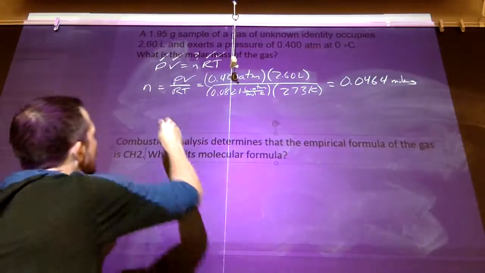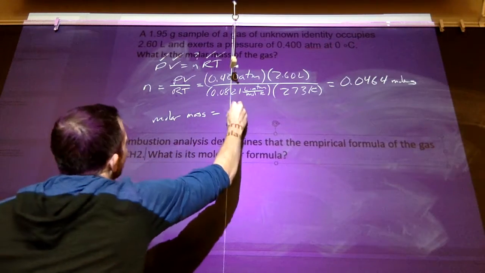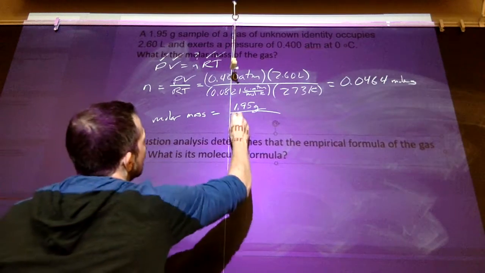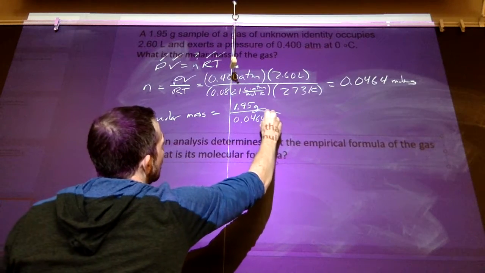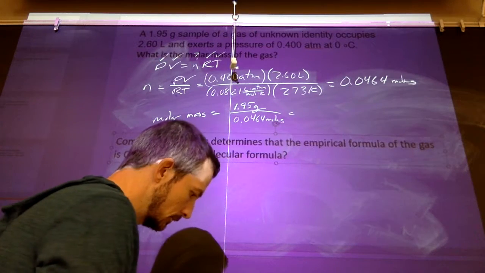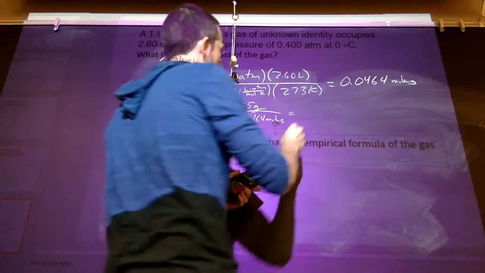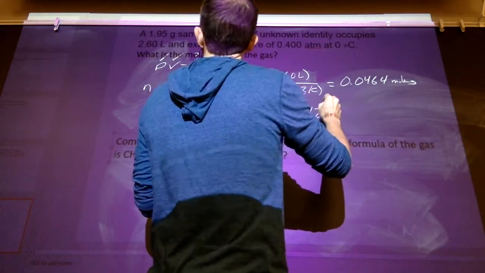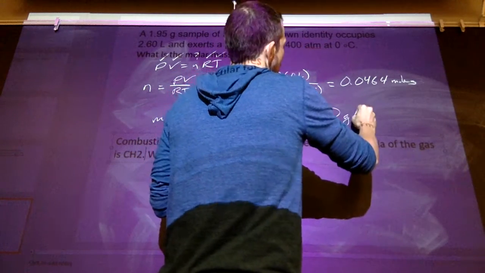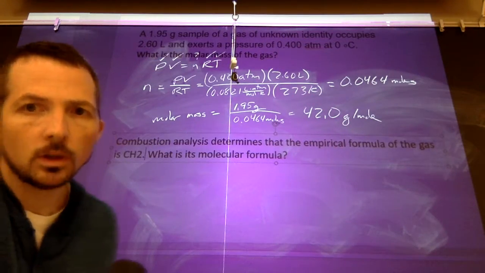Now my molar mass: 1.95 grams divided by 0.0464 moles. So you get 42.0 grams per mole.